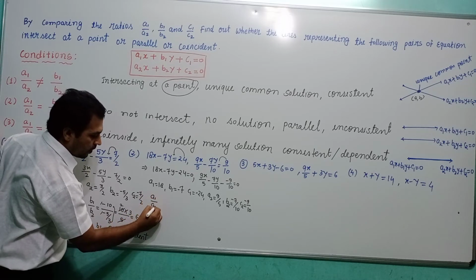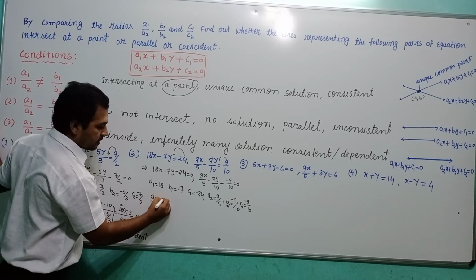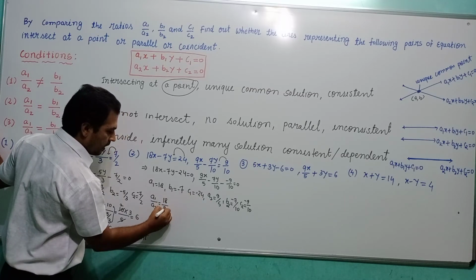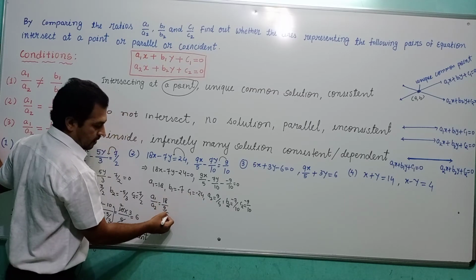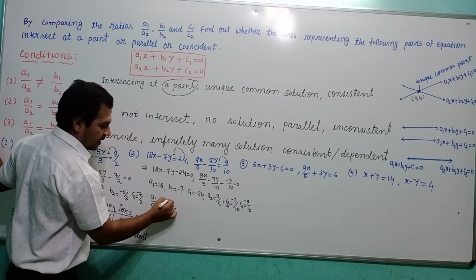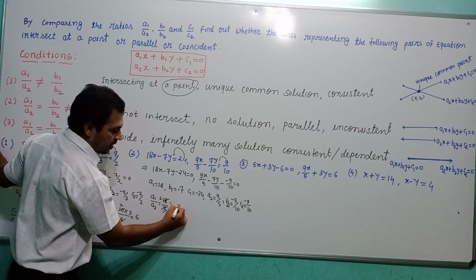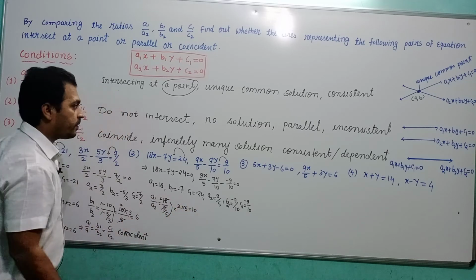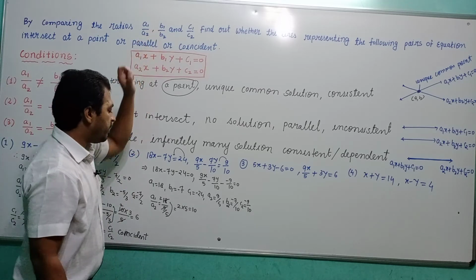a1 by a2: a1 is 18 and a2 is 9 by 5. It goes to the numerator, so we can cancel, we are getting 2 into 5 is equal to 10. Now finding b1 by b2.